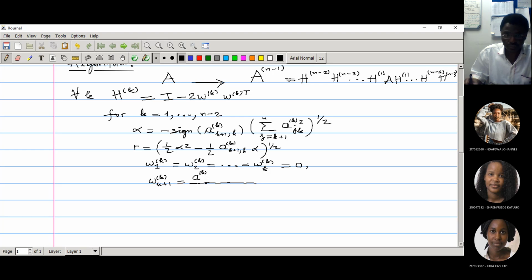W_{k+1,k+1} is A_{k+1,k} minus alpha by 2r. And the other entries of W, because this is just W_{k+1}, I mean.